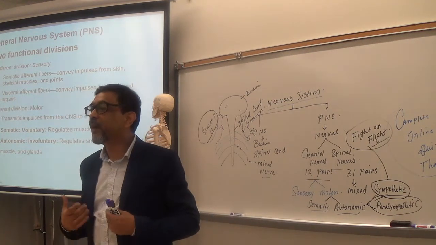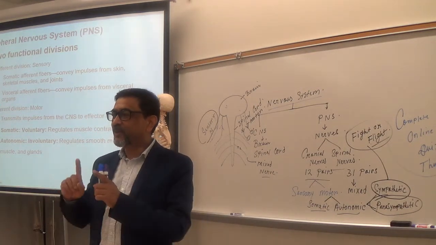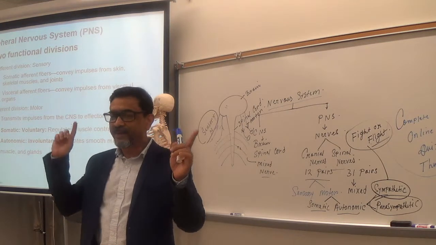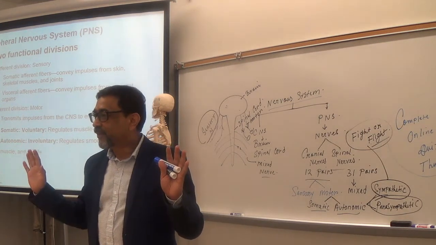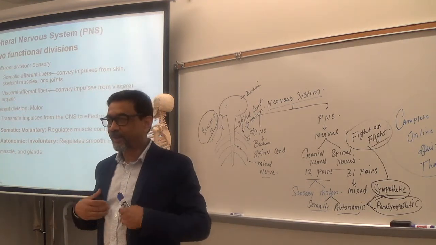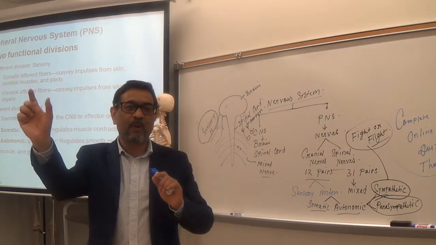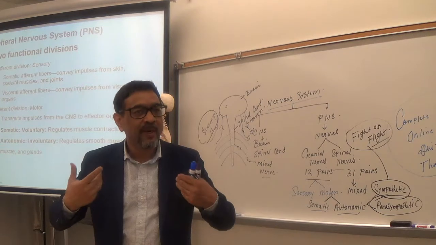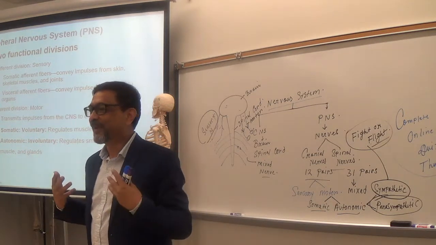Involuntary, or autonomic. Is it clear? Now autonomic has two divisions, sympathetic and parasympathetic. Sympathetic activation will cause what? Fight or flight. Yes. That means your heart rate will go up, right? In just one word, sympathetic will cause what? Excitement.